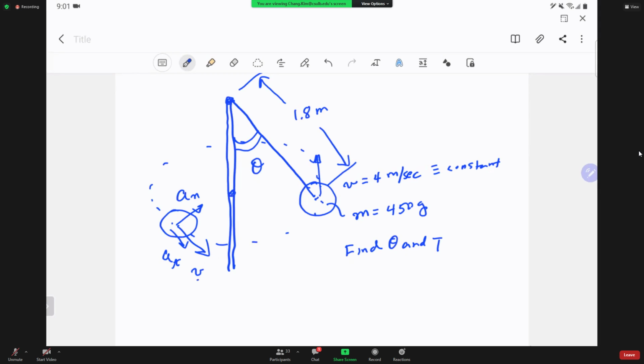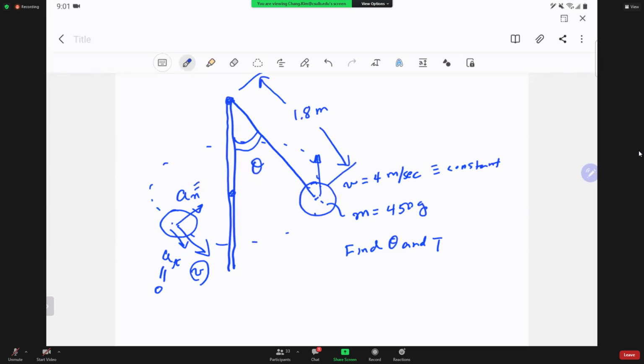Now the velocity is constant along the path in the tangential direction. So most likely your a_t, acceleration in the tangential direction, which is tangent to the circle, would be equal to 0.